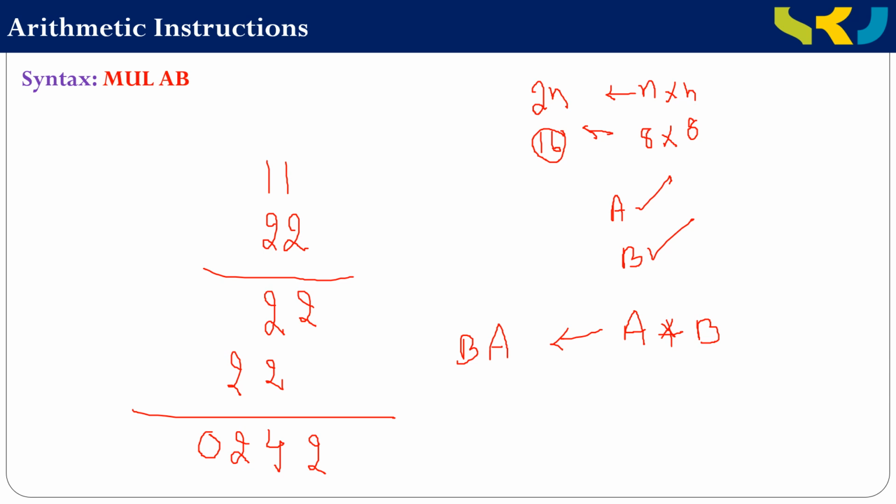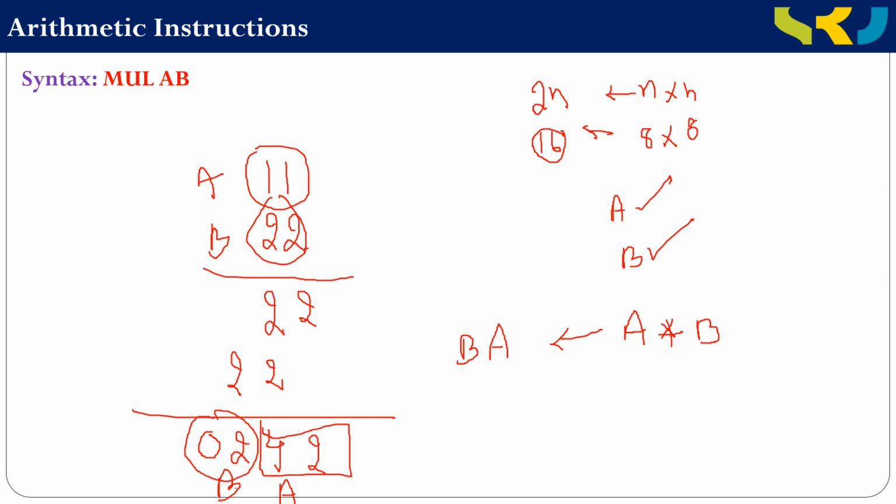Before execution, I placed A with 11, B with 22, and the result we are getting is 0242, where the B register contains 02 and the A register contains 42. That means the A register always holds the lower product, and the higher product is available in the B register.